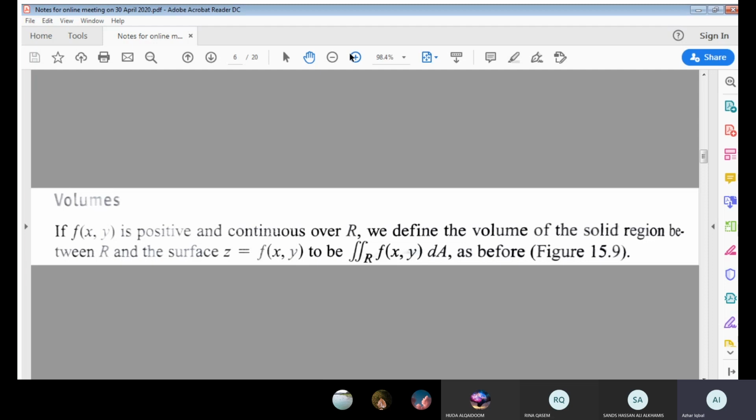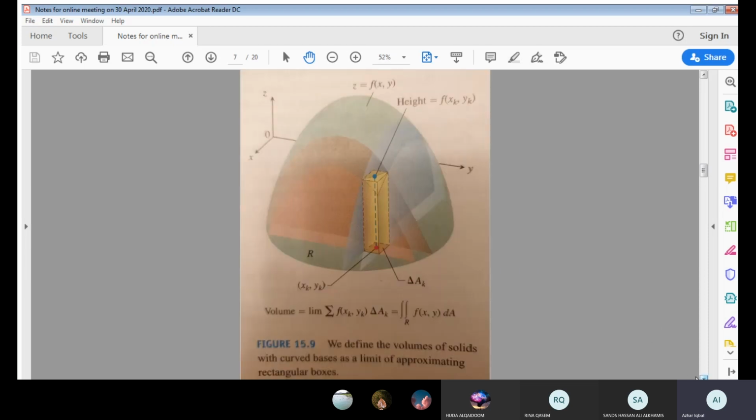So how do we calculate the volumes in this case? Of course, the volume will be the volume over the non-rectangular regions in the xy plane. Previously it was a rectangular region in the xy plane.